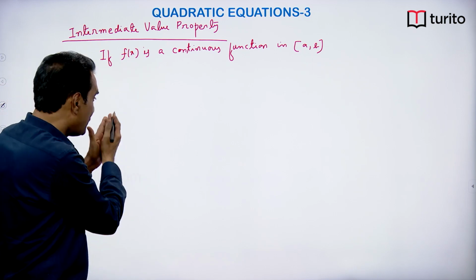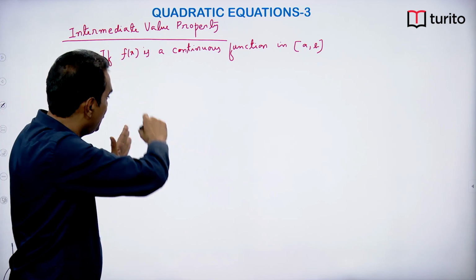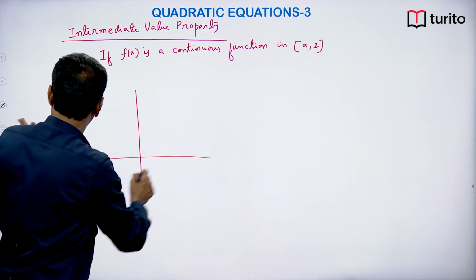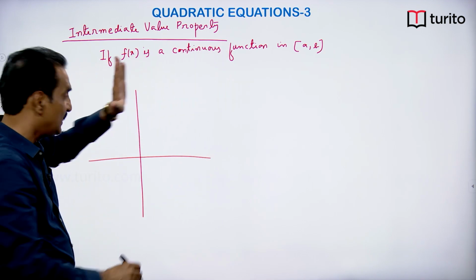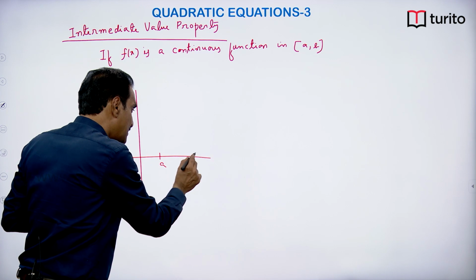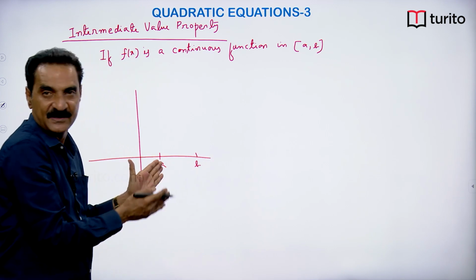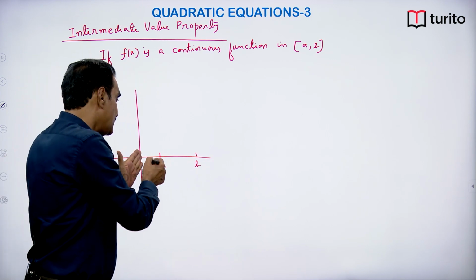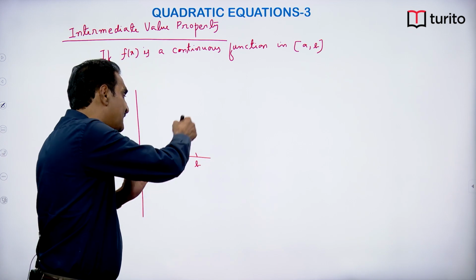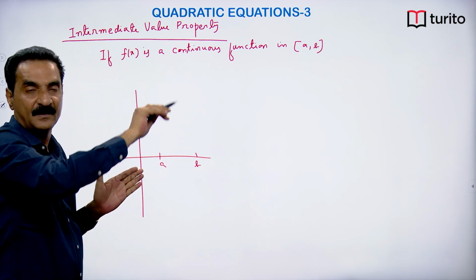Continuous function means from x is equal to a to x is equal to b. Here the function may not be continuous throughout, but if it is continuous between two values of x, a and b, then from x is equal to a to x is equal to b, graph is continuous without any break.